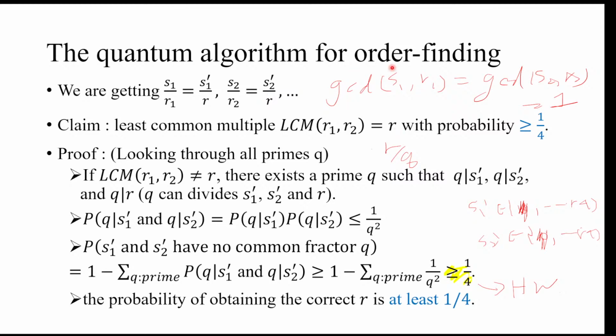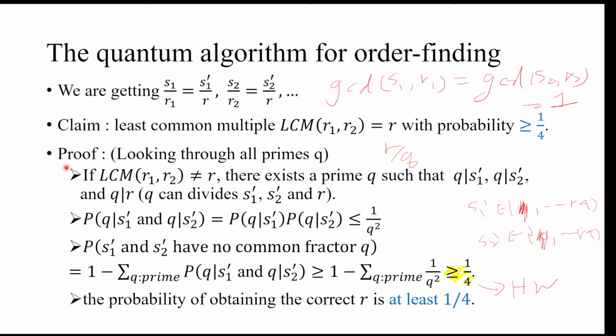So the greatest common divisor between them is 1. Okay? And we claim that if we just need 2 of them, we can find R with probability at least 1 over 4. Okay? And yeah, so let's go through the number theory here.